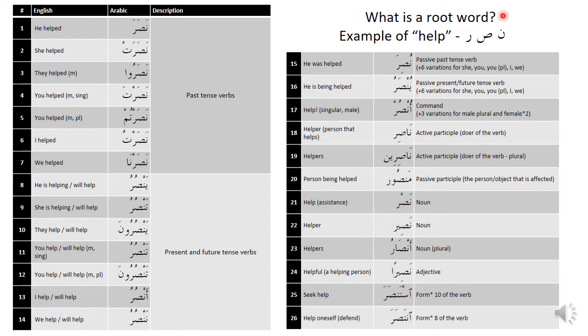So when we looked at the word counts previously for the root words, it includes all of these variations of a word, and this course will help you identify them. So it does seem a little bit overwhelming, but it is actually helpful. Once you know the three root letters of a word, you'll be able to identify how the word occurs. So it actually helps you learn a lot at the same time.